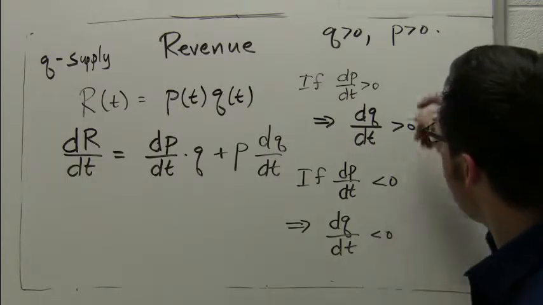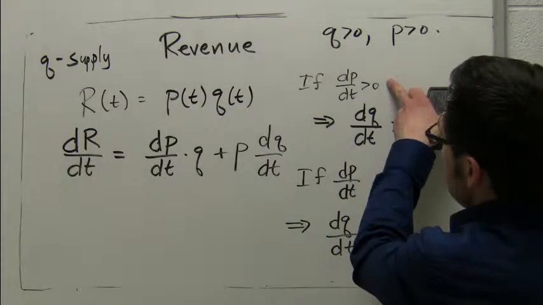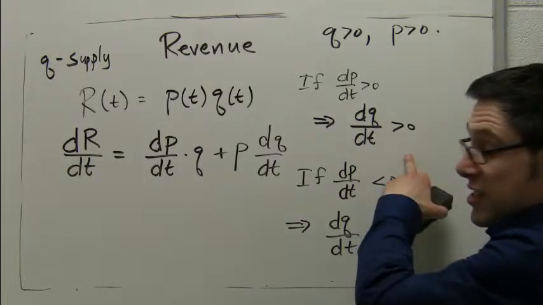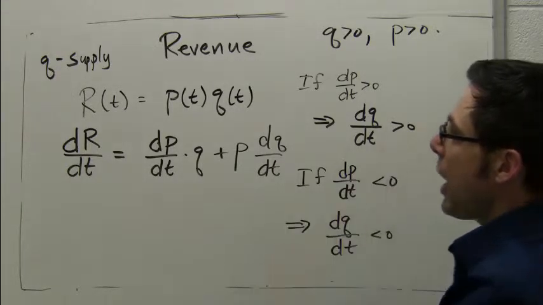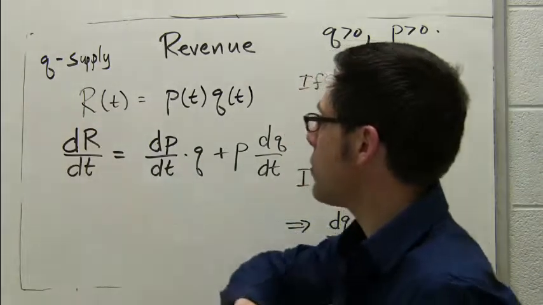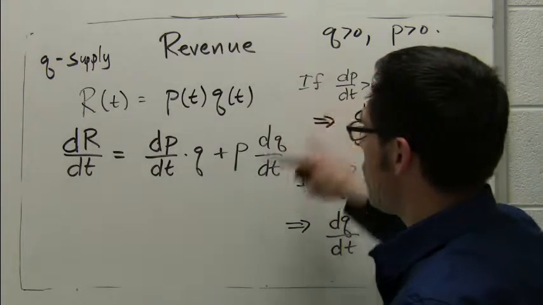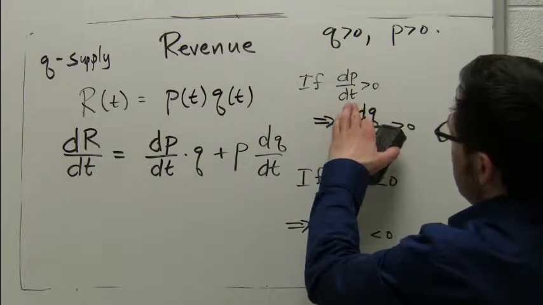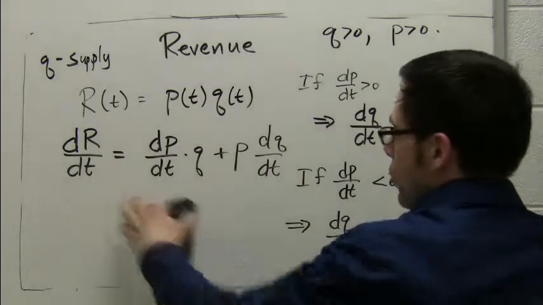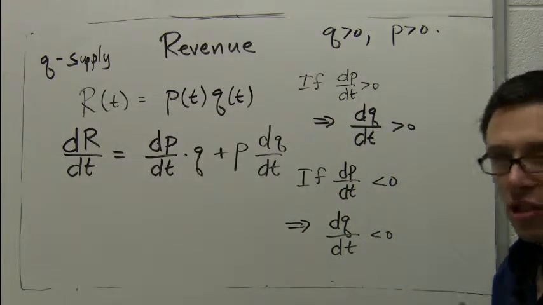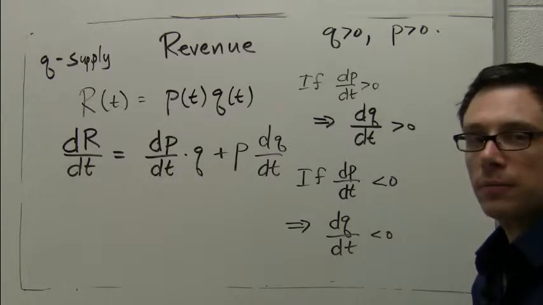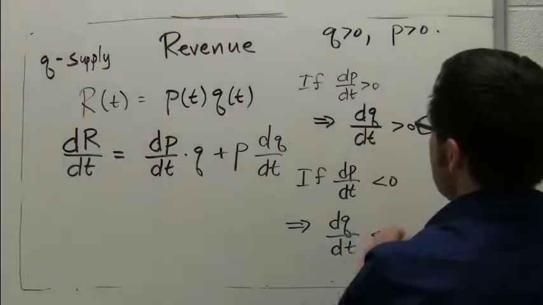This could actually be useful to find out what's happening in terms of revenue. If I know that dp/dt is positive, and dq/dt has to be positive also if I'm looking at Q in terms of supply side, and P and Q are both positive, then in fact the revenue is increasing.